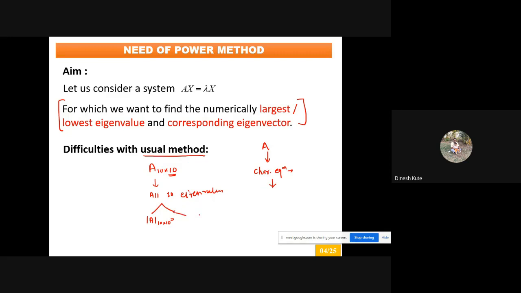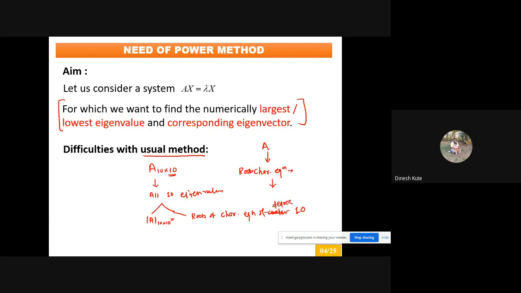In this method, to find the eigenvalues we need to find the roots of the characteristic equation. As the order of the given matrix is 10, to find all 10 eigenvalues I need to calculate the roots of a characteristic equation of degree 10.